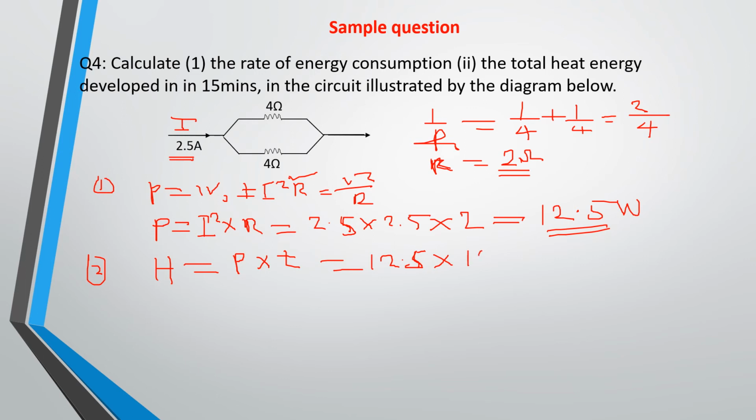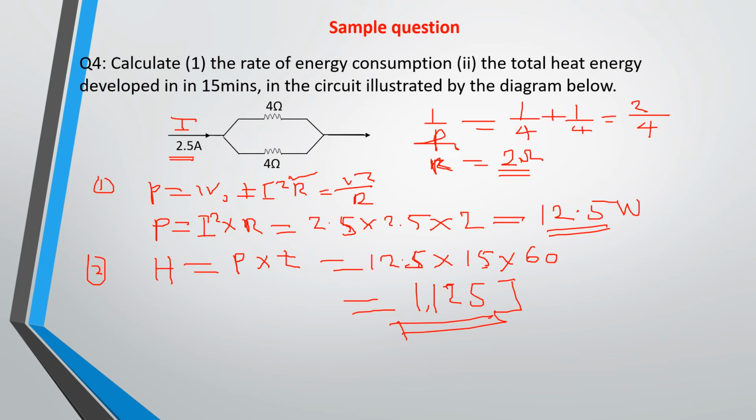Time is 15 minutes. Convert it to seconds. Okay, so by the time you multiply all this out, you are going to have 1125 joule as the heat energy consumed, or as the heat energy developed.